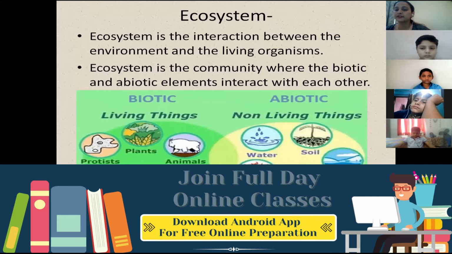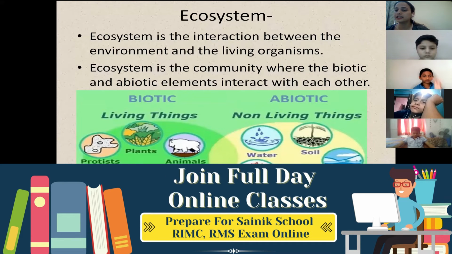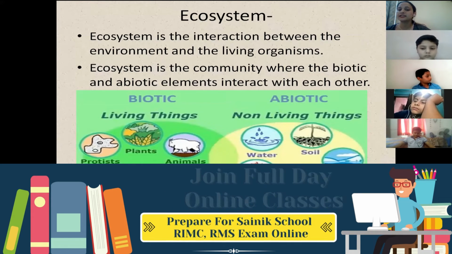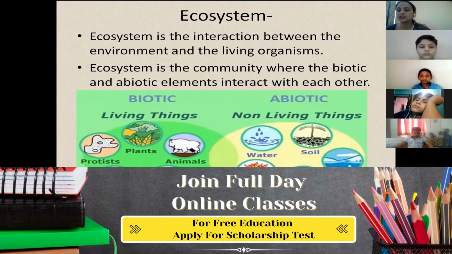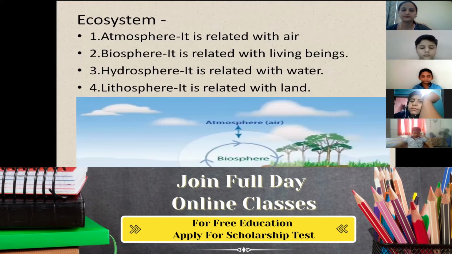When we interact with abiotic things or biotic things for our needs, that is called ecosystem. Ecosystem is the community where the biotic and abiotic elements interact with each other. When they come in connection with each other and interact, that term is called ecosystem.